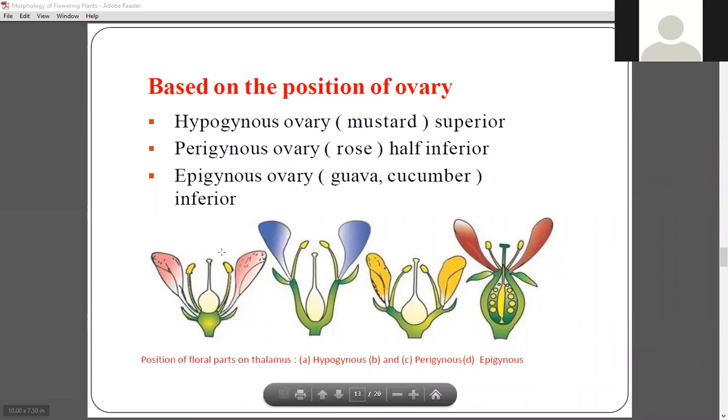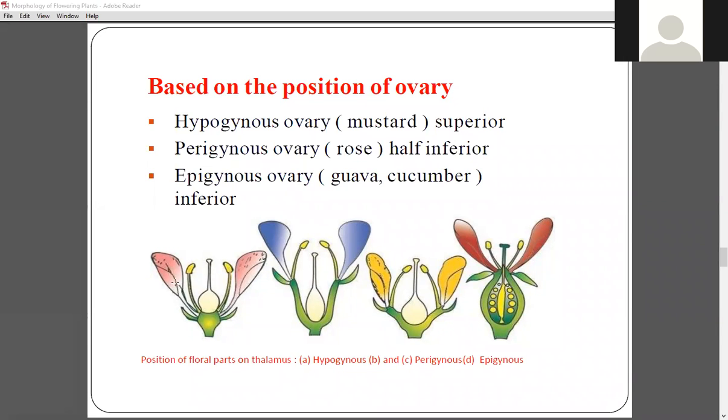The ovary is not present inside the thalamus region, but it is present on the top of the thalamus region. The thalamus region is the green colored portion which contains the sepals, right? So in the hypogynous ovary, the position of the ovary is superior, because it is not present inside the thalamus region but on top of it.